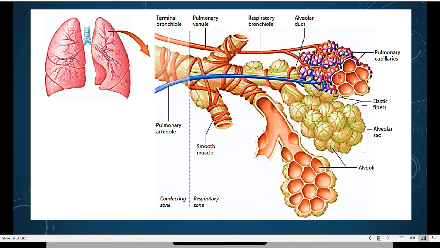The CO2 is going to go in here, and it's going to pick up the oxygen at that time, which will be moving from a higher concentration back into the pulmonary artery, because there is extremely low concentration of O2 at that point in time, and then it's picked up and carried by the pulmonary vein. That is oxygenation.